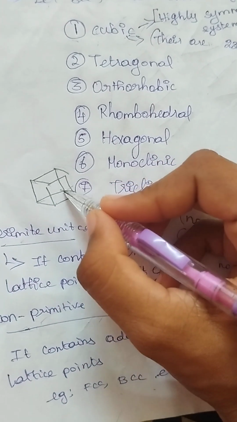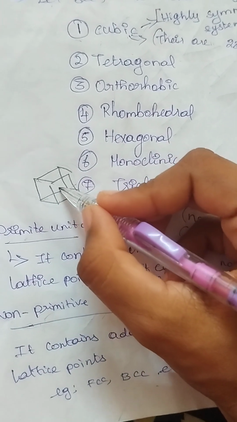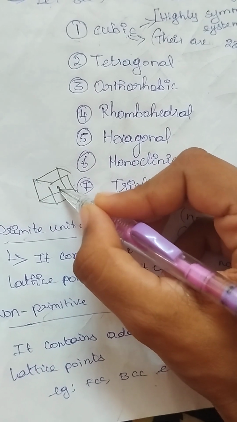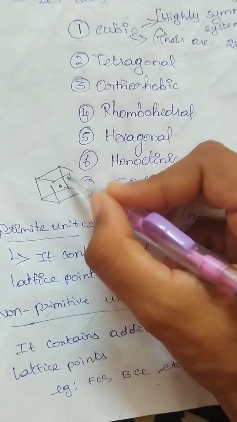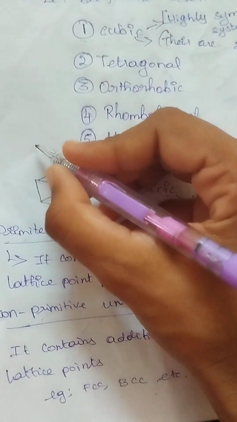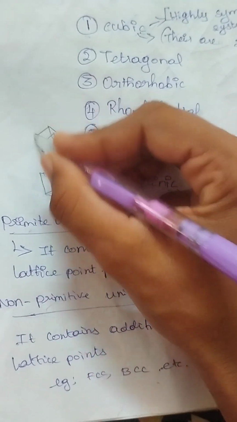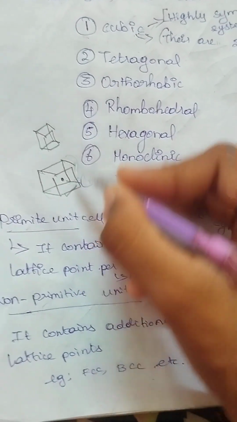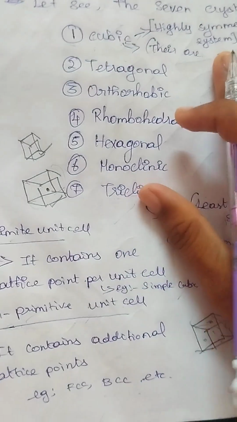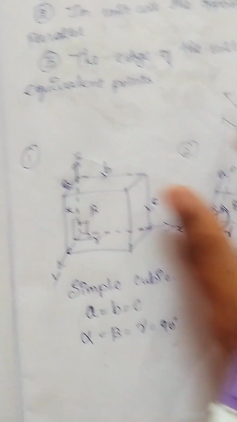But in a body-centered cell, one additional lattice point is added, right? This is called non-primitive. This is a primitive unit cell, with no additional points. These are the examples, and we will go into the main concept in detail.